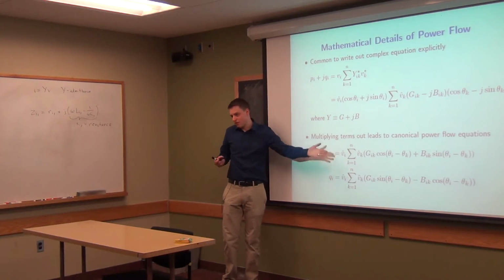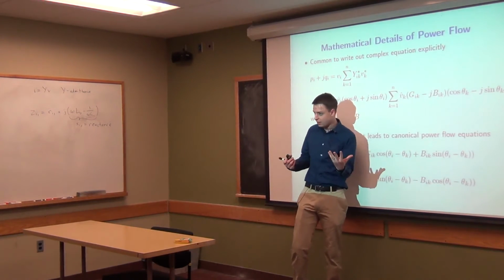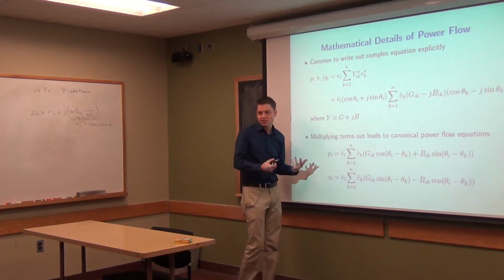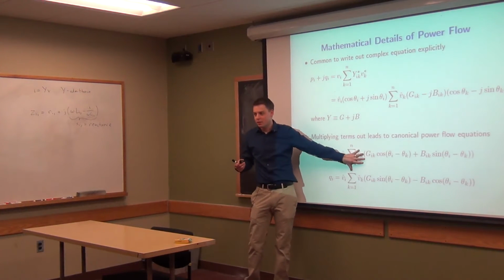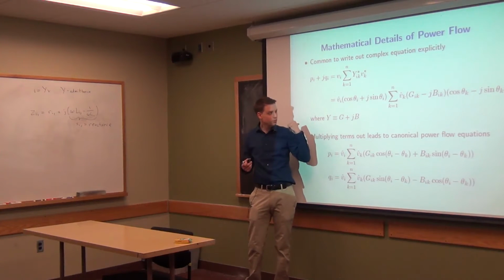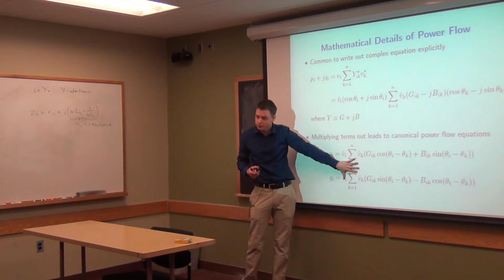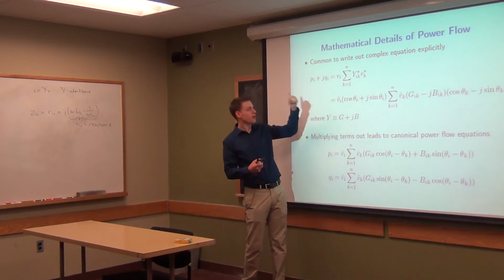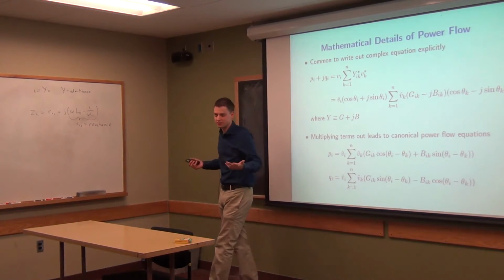It's just notational. There's a little bit more information carried here. You see the actual phase angles more explicitly here. But it can be confusing. These equations look kind of daunting, but they're really just the exact same thing as the equation before. The way you get from the one in the previous slide to here is just algebra.